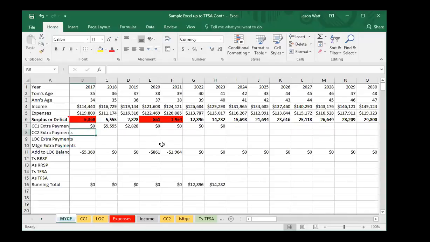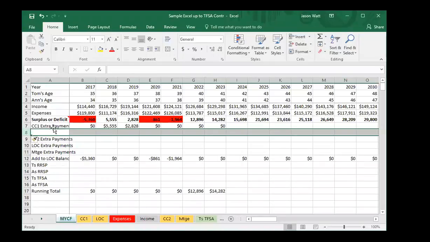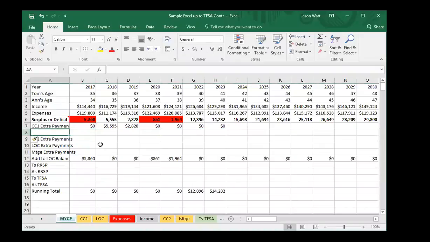Now, there's a couple different ways you can do this. I called what I did down here a running total, and the easier way to do this in order not to get real messy is actually to build, and I'm going to hide this later on, another row here where I'm going to do, okay, leftover after credit card 1.